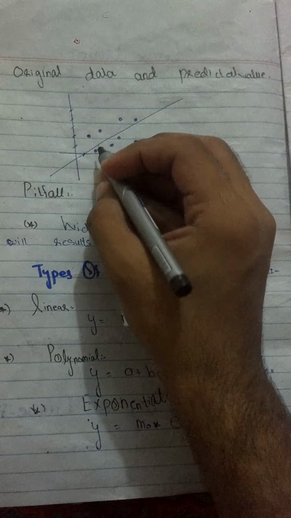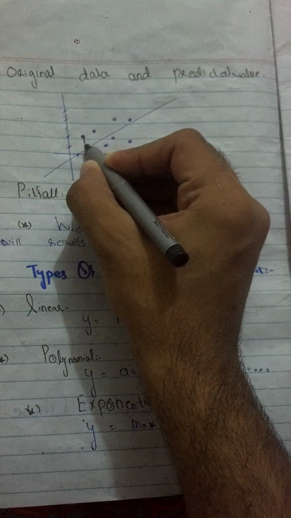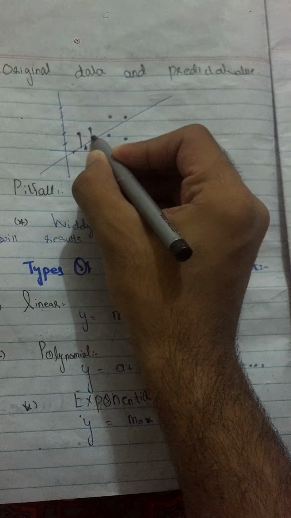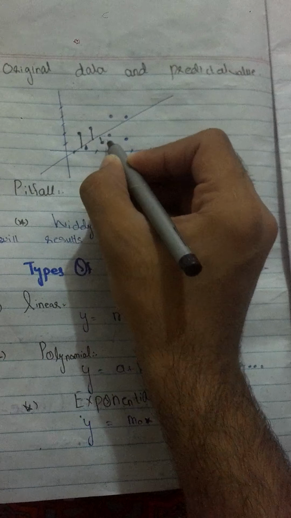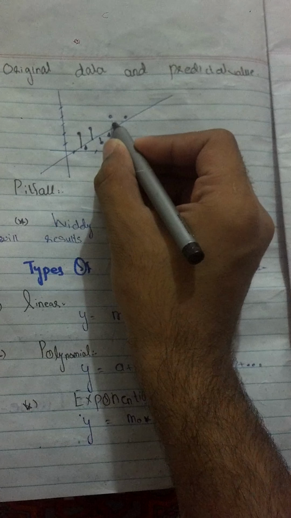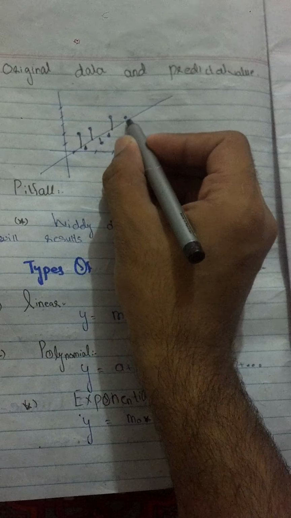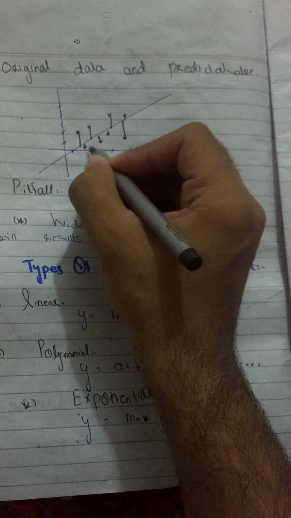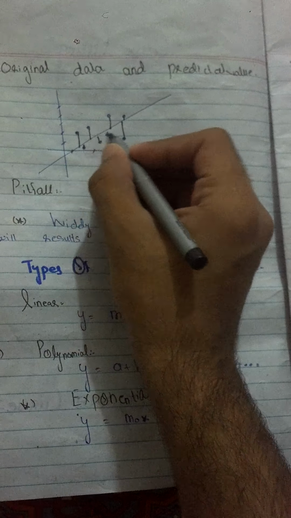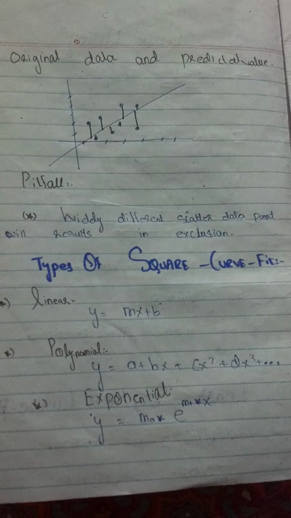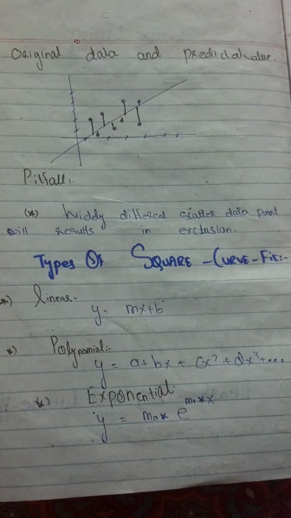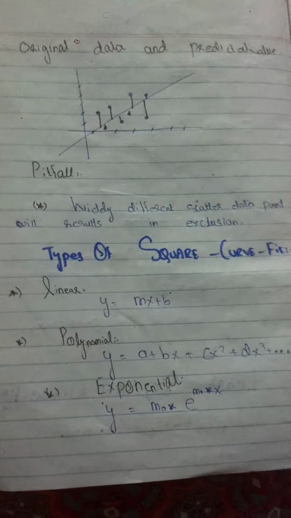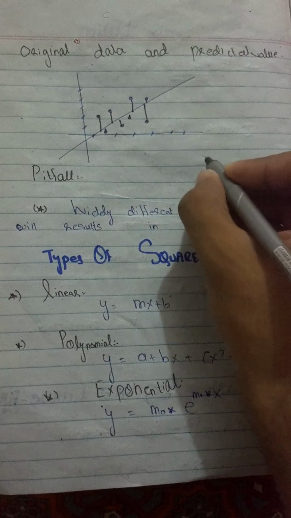Like we can say the difference between this point and the line, or like this. These are errors, some length, some unit taken in this form of measurement, and if we add all of them, we will just have a value equal to 0.